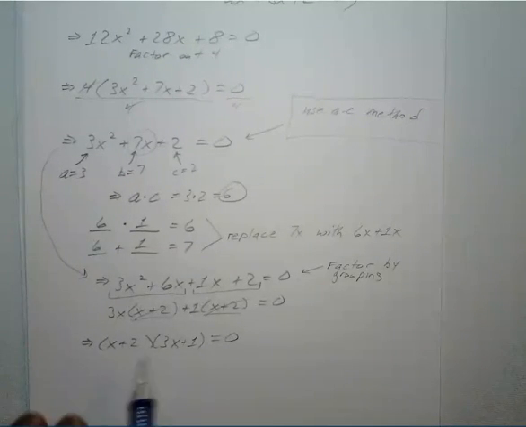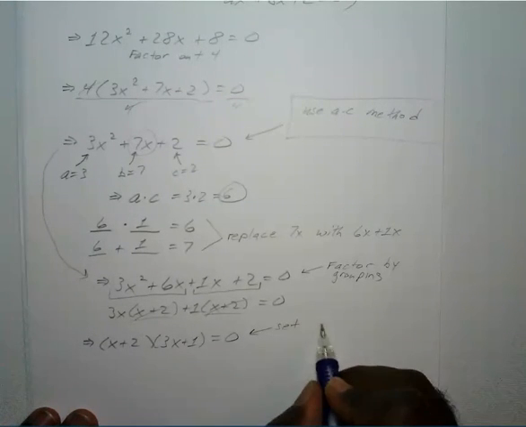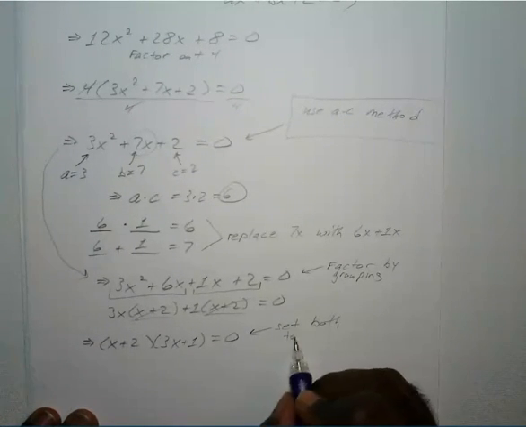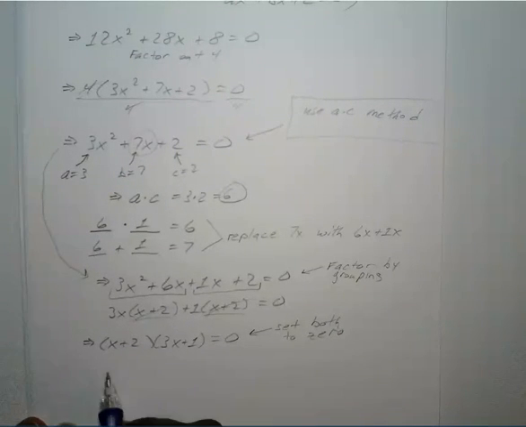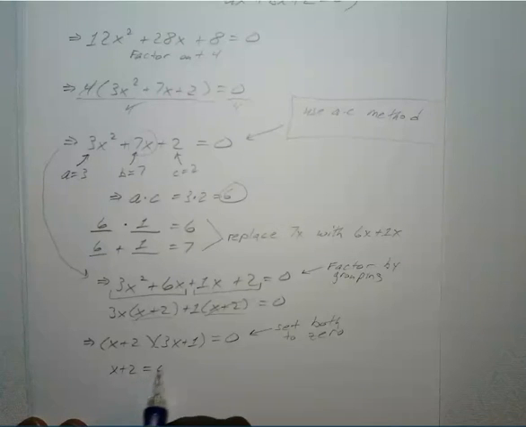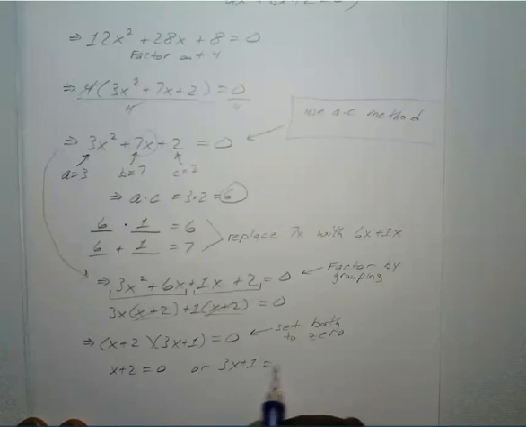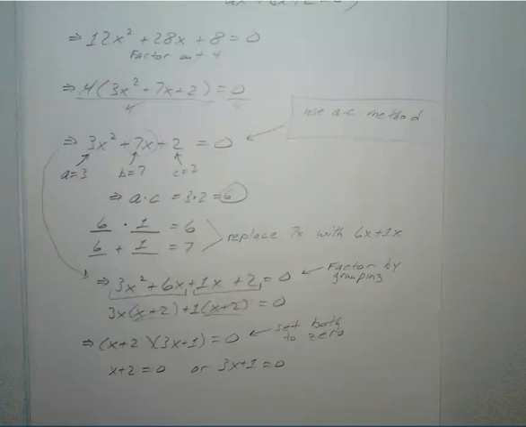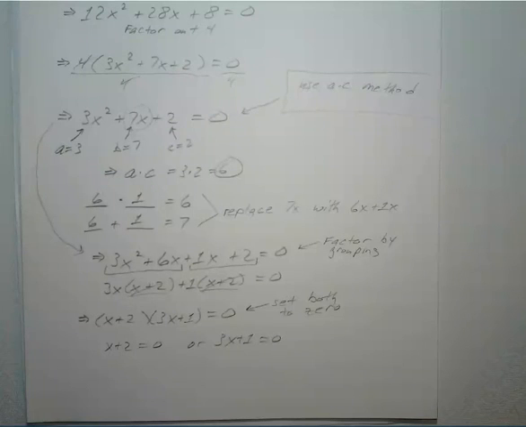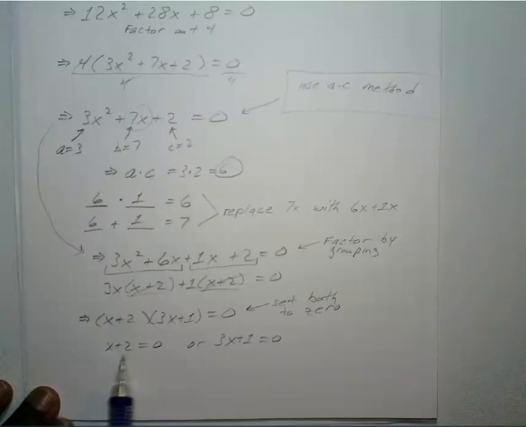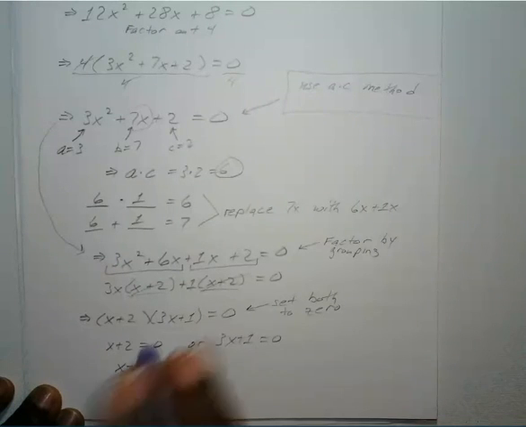Okay, so we're good there. We have it all factored out. So now we go to the part where we just set both to 0. So you have x plus 2 equals 0, or 3x plus 1 equals 0. Alright, so for this one, if we subtract 2 from both sides, we get x equals negative 2.